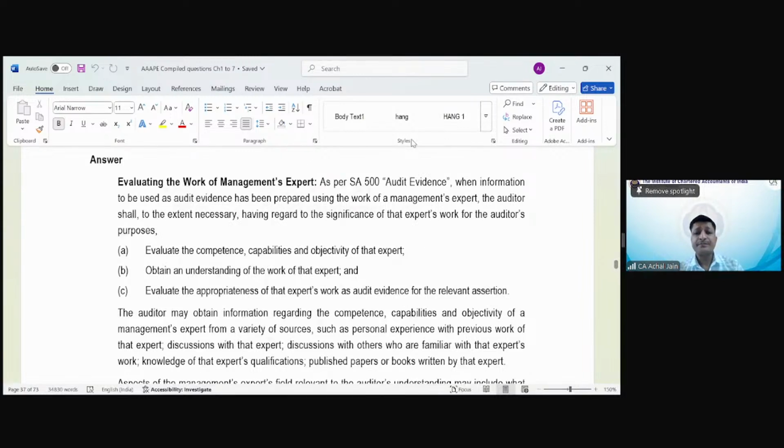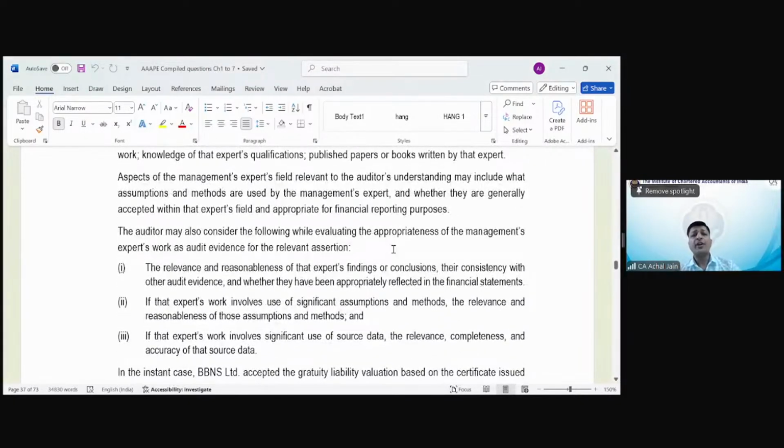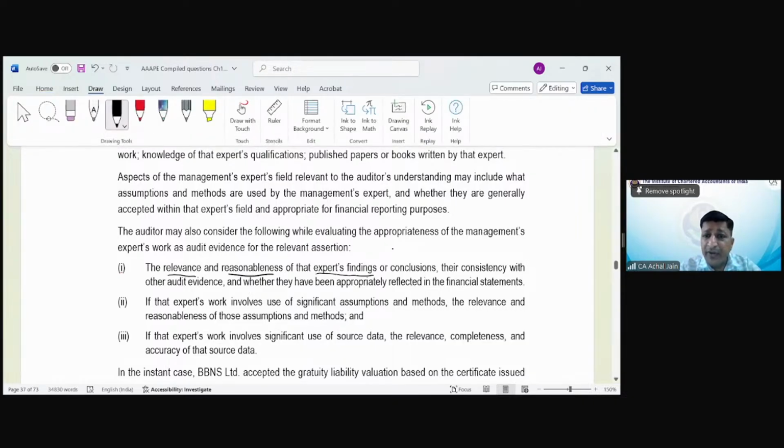So in this case, here again, the management has involved an expert. So the auditor needs to look at all of those things. Now, what is that? The relevance and reasonableness of the findings of that expert, the conclusions of that expert, their consistency with any other audit evidence which the auditor would have obtained. Yes or no?